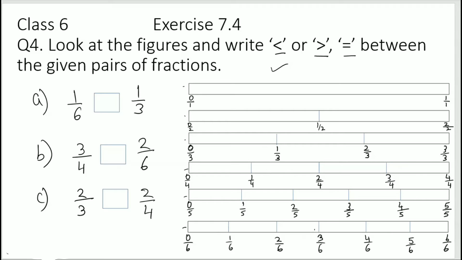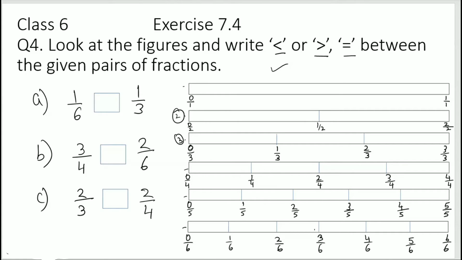The second one here is divided into two parts, one part, two part. The third one is divided into three parts, 1, 2, 3. Similarly, the fourth one is divided into four parts and the fractions are written respectively. Like here it's 1 by 4, 2 by 4, 3 by 4.